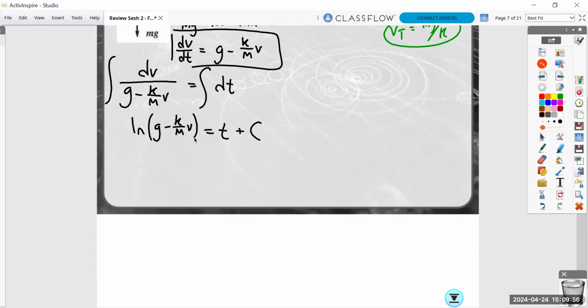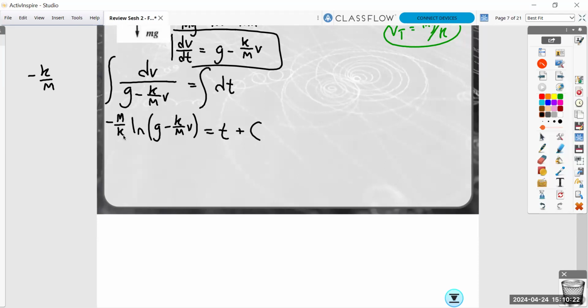But what would I get popping out from the chain rule? I would get an extra negative k over m. And so I can preload my chain rule to get rid of that thing that would pop out and put a negative m over k. That way, when I take the derivative, that negative k over m comes out, cancels out, and I get my original thing back.